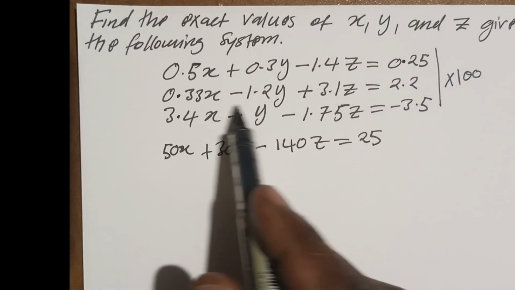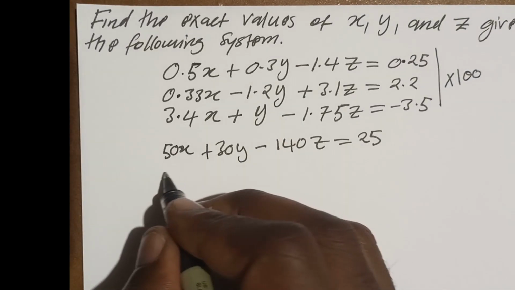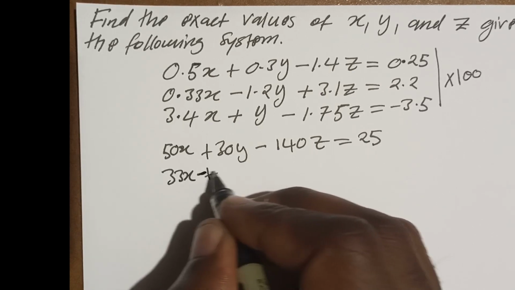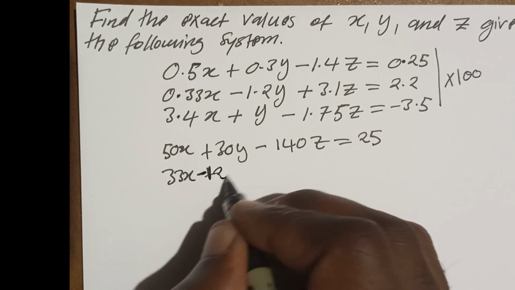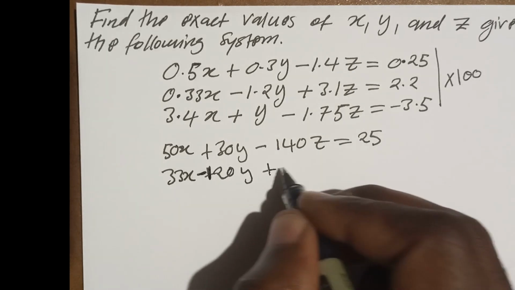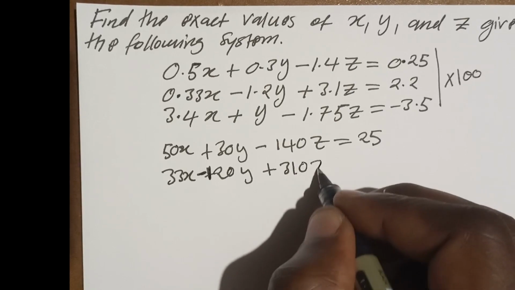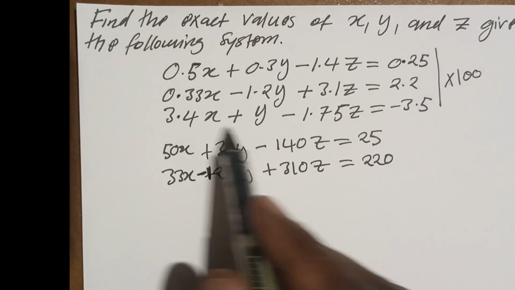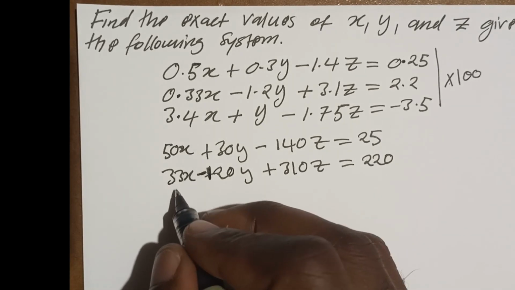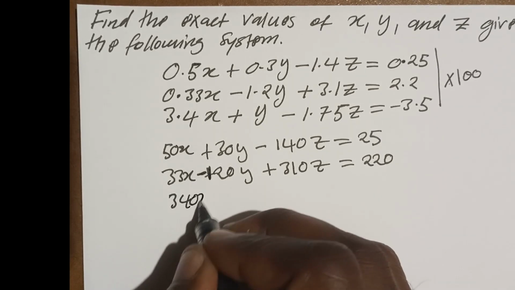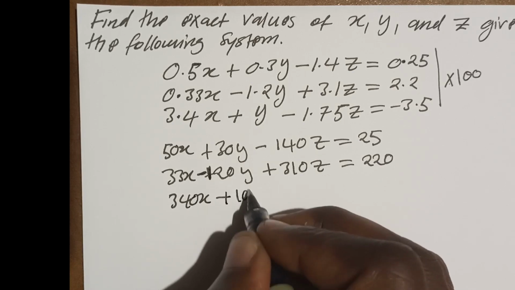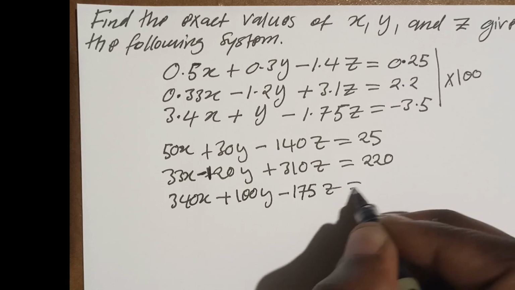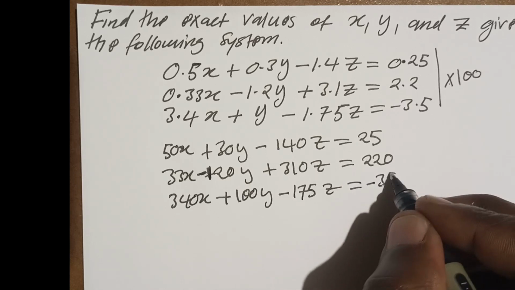Then 100 times the second equation, we're going to have 33x plus, it is negative here, 120y plus 310z is equal to 220. 100 again times the last equation, you're going to have 340x plus 100y minus 175z is equal to negative 350.